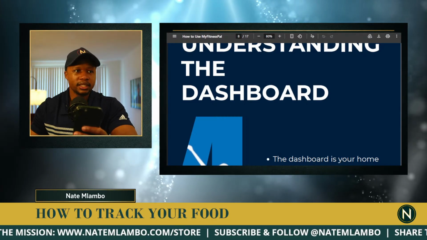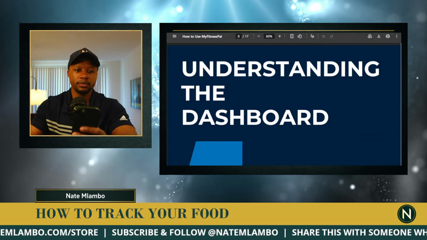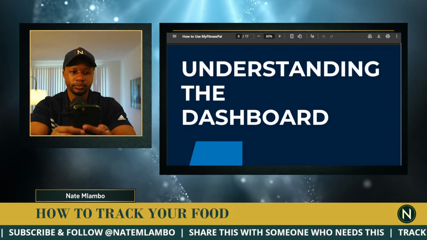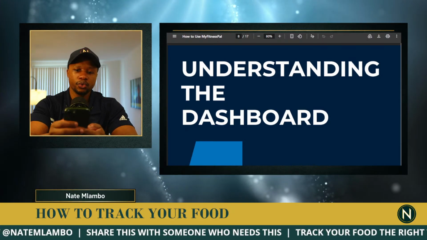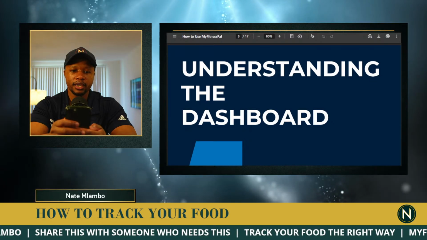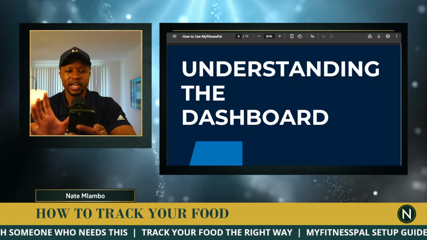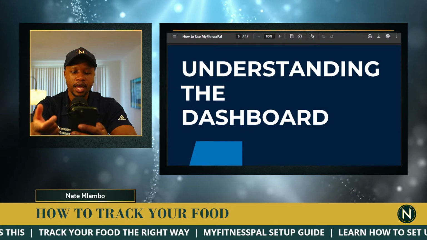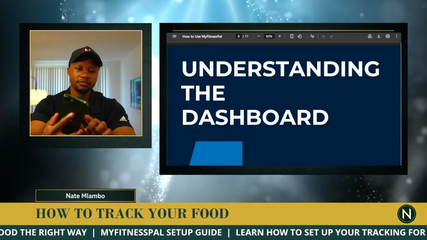So understanding the dashboard for MyFitnessPal, now we are going back to where we started. So when you log in, there are some parts of the app which you won't have access to if you're using the free version. And right now we're just looking at the free version.